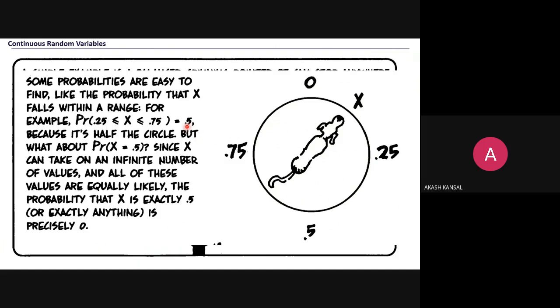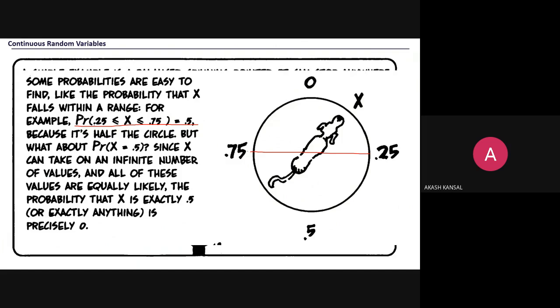That is what we can do with continuous random variables, and we can define the probability for a range. For example, the probability of landing between 0.25 and 0.75 is 0.5. Why? Because we see that it's exactly half.